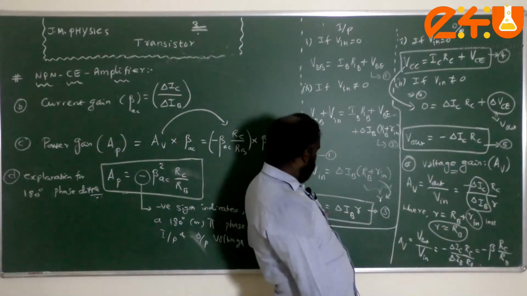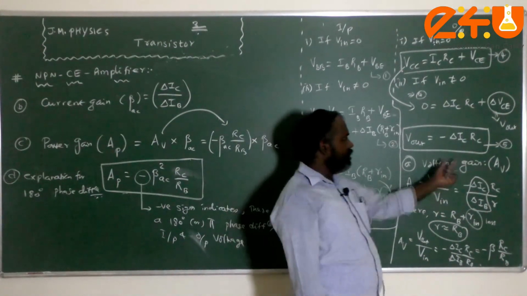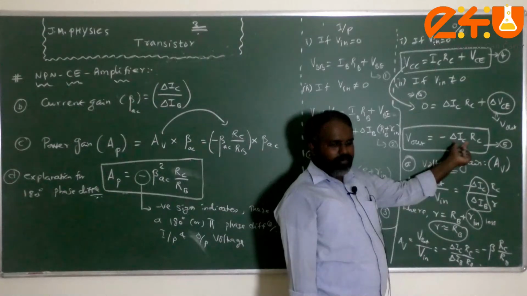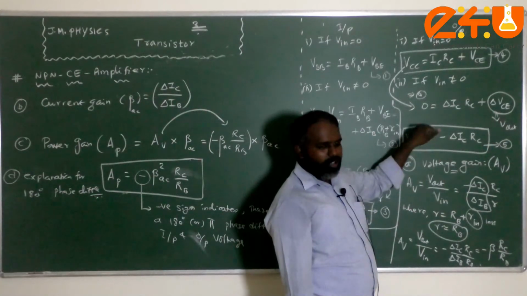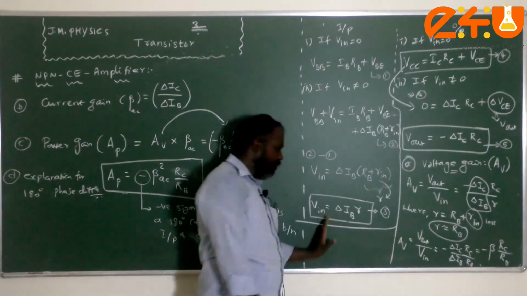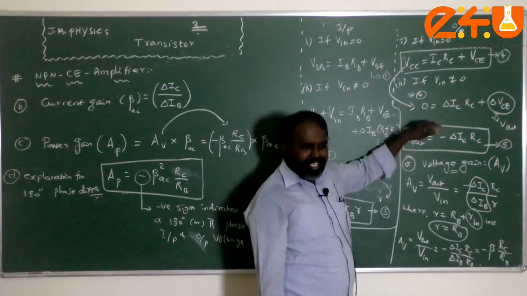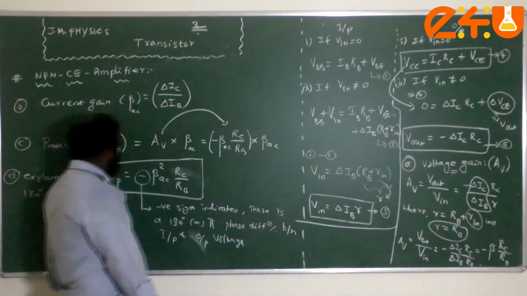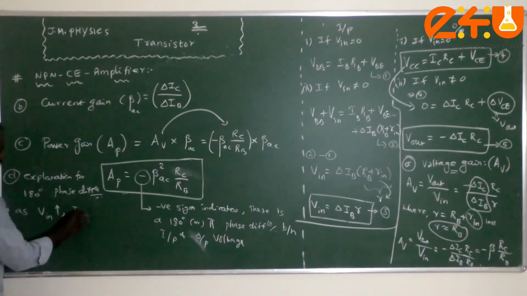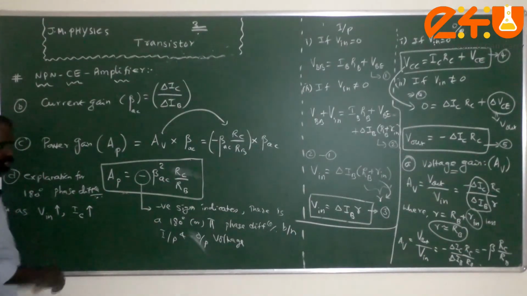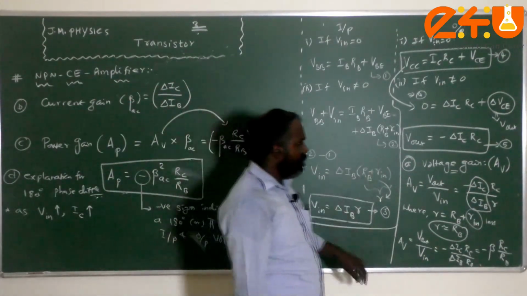So when input voltage increases, input current increases, which increases the output current, but there is a negative sign, therefore the value of V out decreases. So when V in increases, V out decreases, children. When V in increases, there is a corresponding increase in IC value, because IB and IC are interrelated.